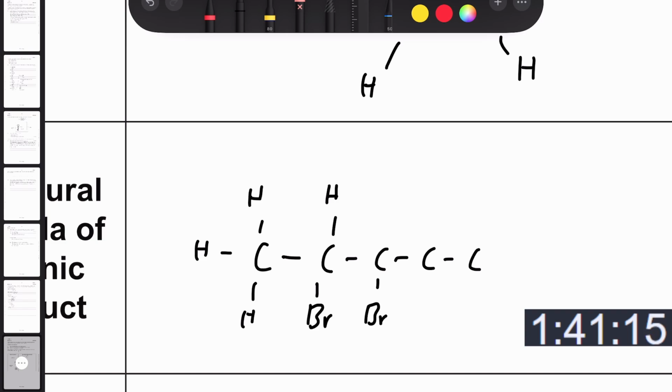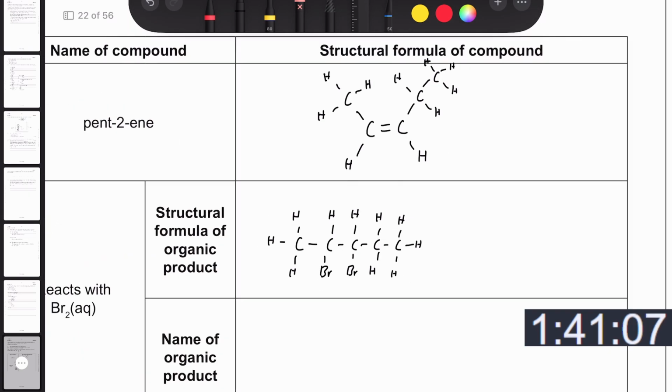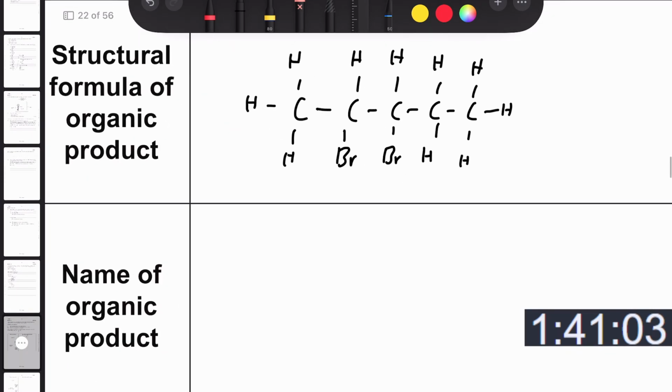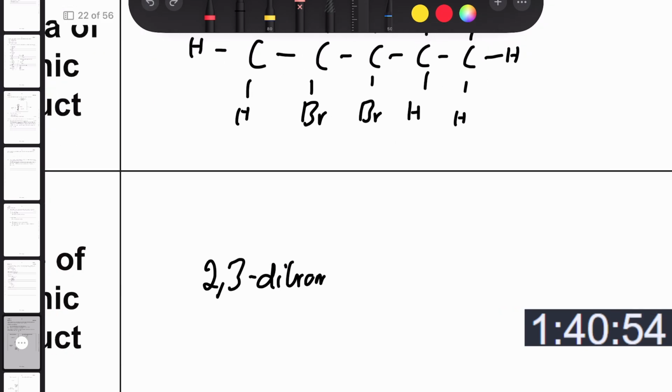This one's also Br. H, H, H, H. And then the name of the organic compound is 2,3-dibromopentane.